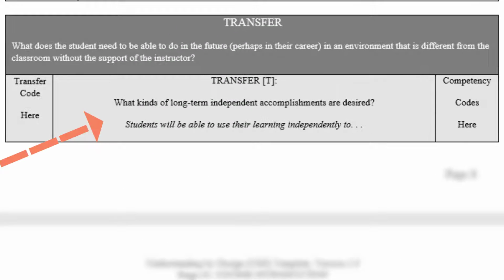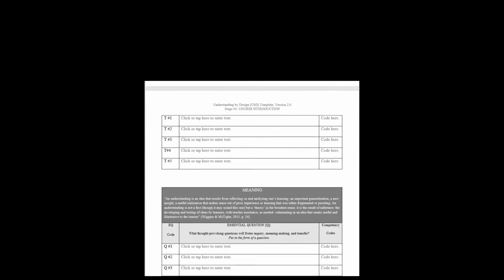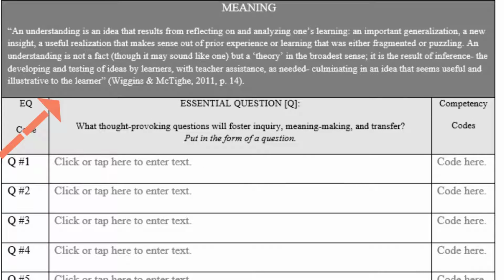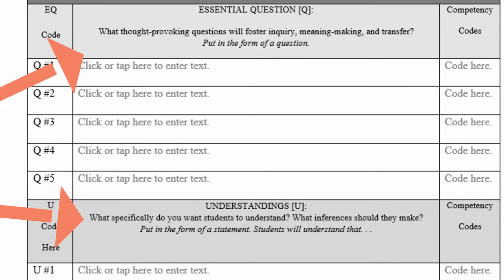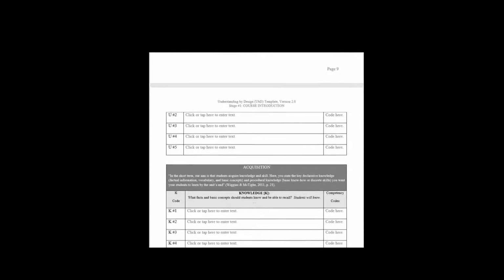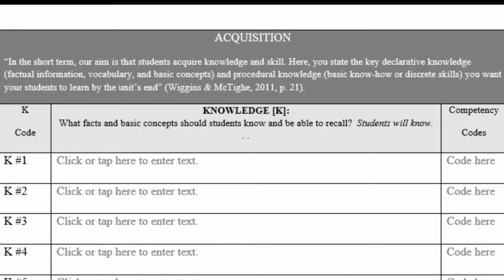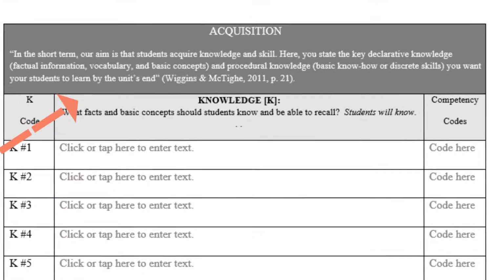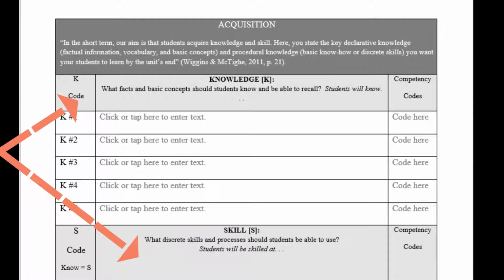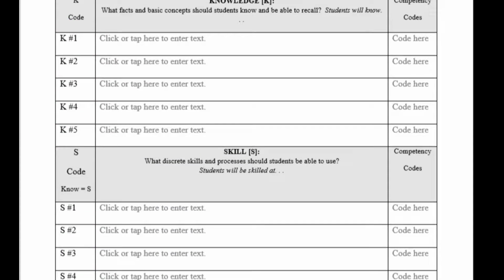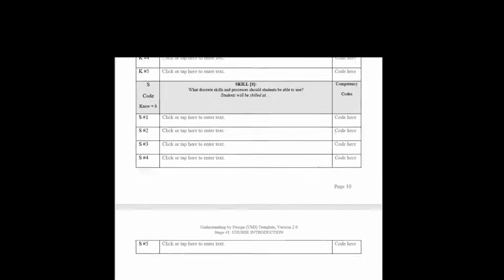We also talked about what the student would be able to do with that information in the future, so our transfers. We talked about the meanings that needed to be picked up during this particular unit, so the essential questions, the understandings, and finally we had our acquisition. So what is the knowledge and what are the skills that the student needs to acquire during this class?